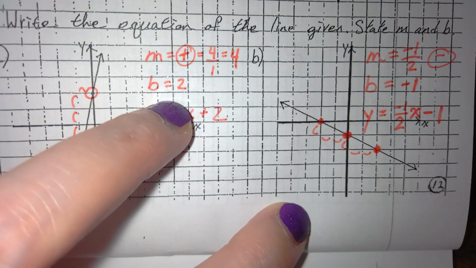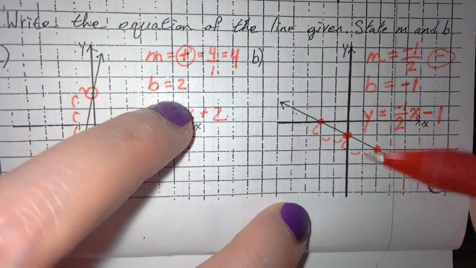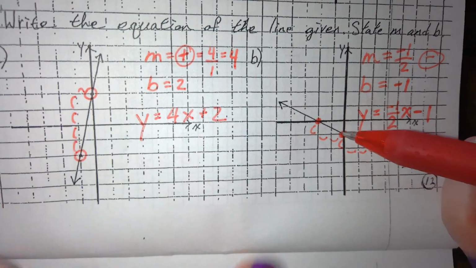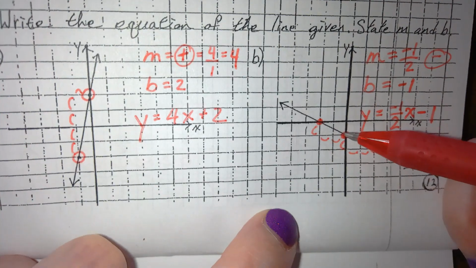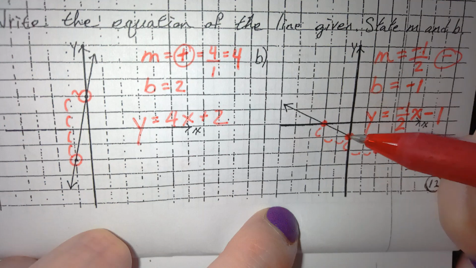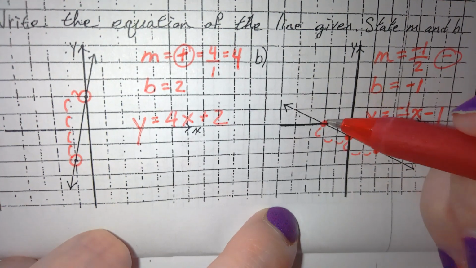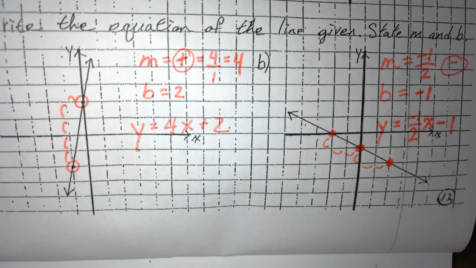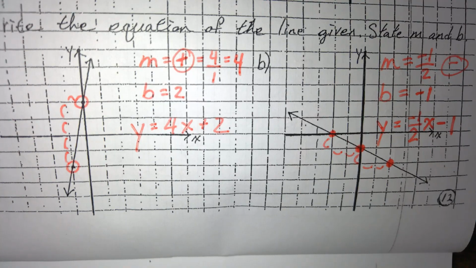If you do that, you just have to remember that it is a negative. As long as you know that the line going this way is negative, I don't care how you get your fraction, it's still right.